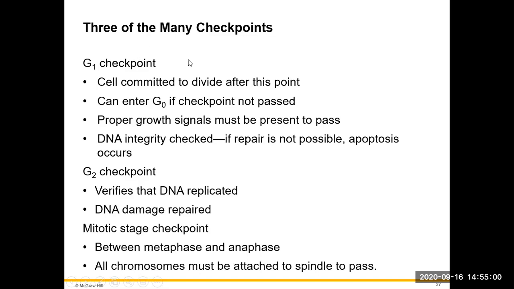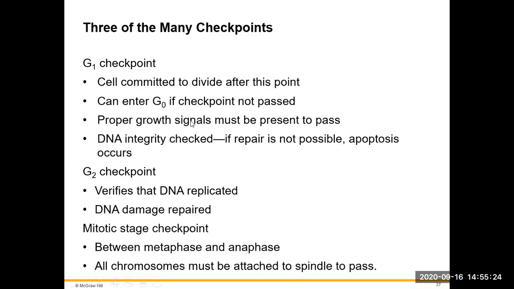If the G1 checkpoint passes, that means the cell has decided to move on in the cell cycle. If it fails the checkpoint, the cell is going to enter the G0, the zero growth stage. Proper growth signals must be present to pass.